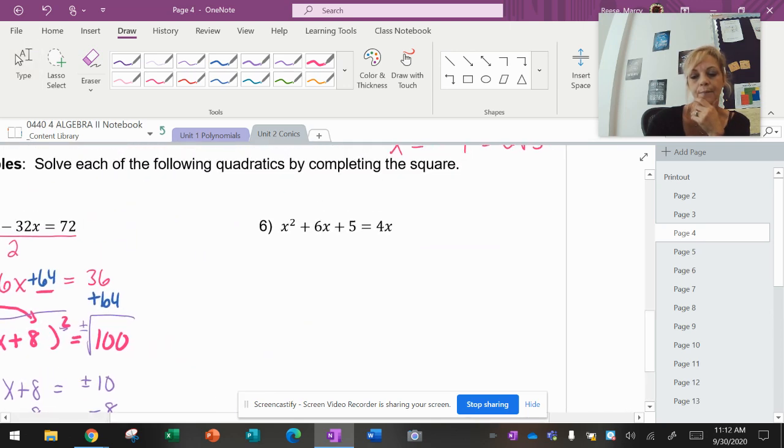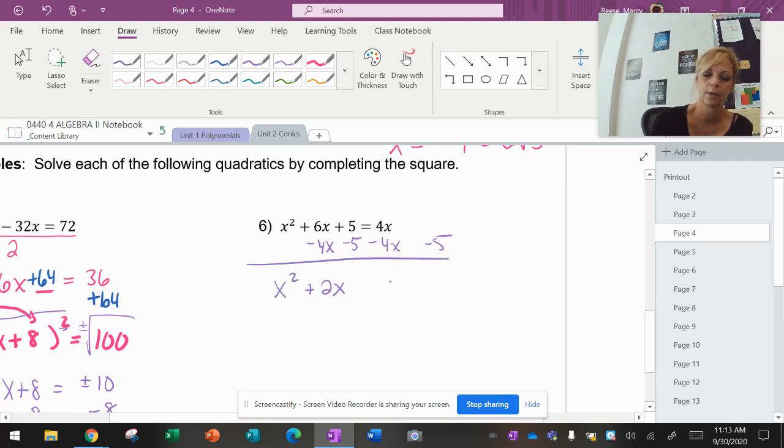All right, now 6, this last 6 is all kind of moved around. We've got to fix that. We're going to first subtract the 4x, because we've got to get the a and the b on the one side, and we've got to get the c to this side. So I'm going to do x squared plus 2x. I'm going to leave a space because I'm going to do my completing the square, negative 5.